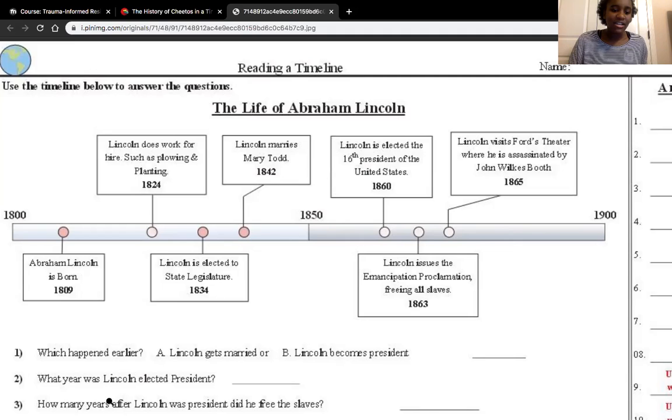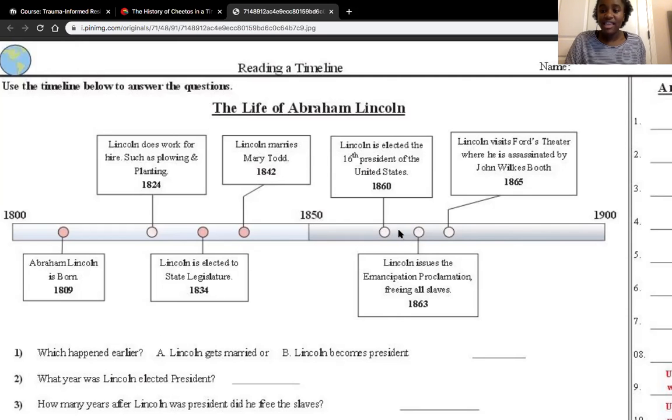How many years after Lincoln was president did he free the slaves? So remember, when we try to find the year difference, we had to subtract, right? So we got to find out when he became president. So again, he became president in 1860, right?